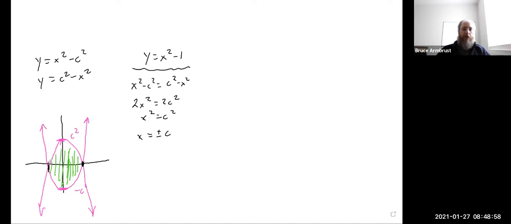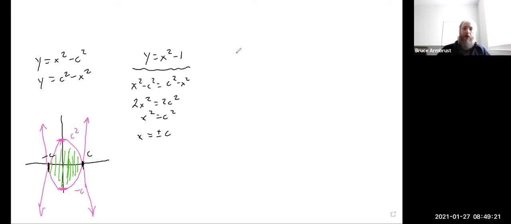So these places where they come together are at positive and negative c. So notice that I'm doing the exact same thing that we did before. I just don't have actual numbers here, so my bounds end up being in terms of that letter.